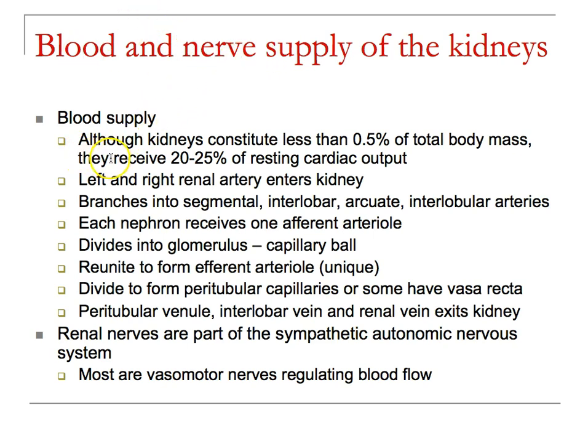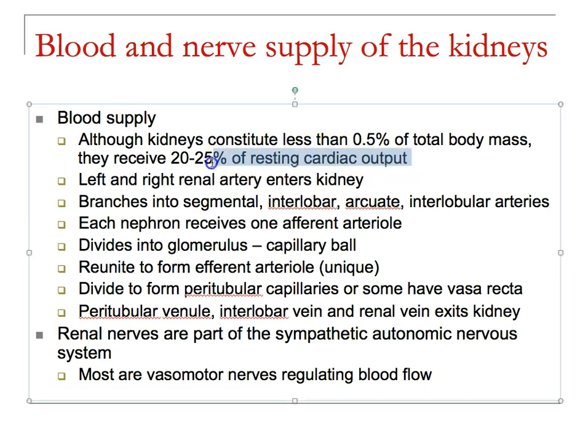The kidneys constitute less than 0.05% of the total body mass, but they receive 20-25% of resting cardiac output. Where else have we seen that before? The brain, right? We saw that in the brain, which means you need to pay attention to it.